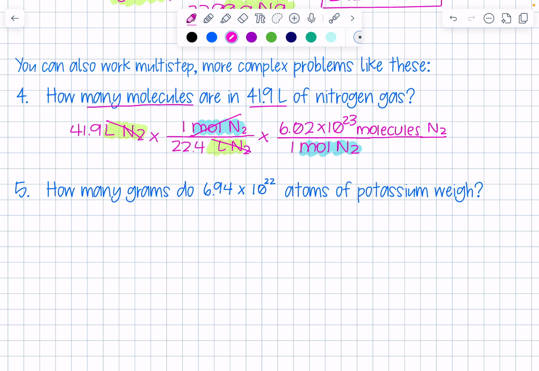All right, my moles will cancel out, and I'm left with molecules, which is what I wanted. So I plug that in my calculator, and I get 1.13 times 10 to the 24th molecules of nitrogen gas.